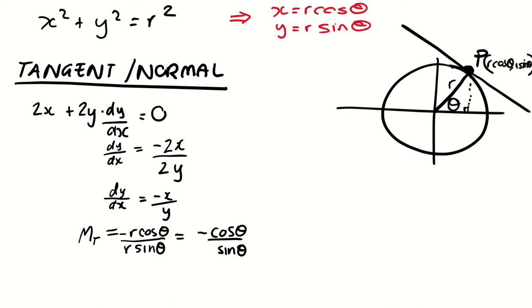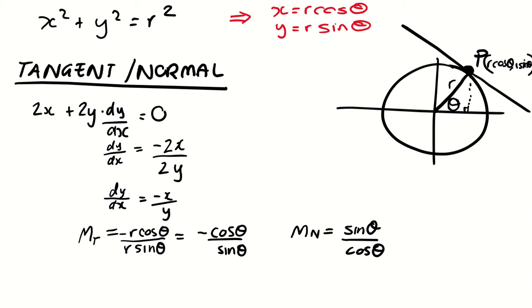Now, I could also write that as 1 over tan or negative cot, but I'm going to leave it in cos and sine. Usually cos and sine is a nicer form. If I wanted my gradient of my normal at this point, I would just take the negative reciprocal. So my gradient of my normal would be just sine over cos, which I could write as tan.